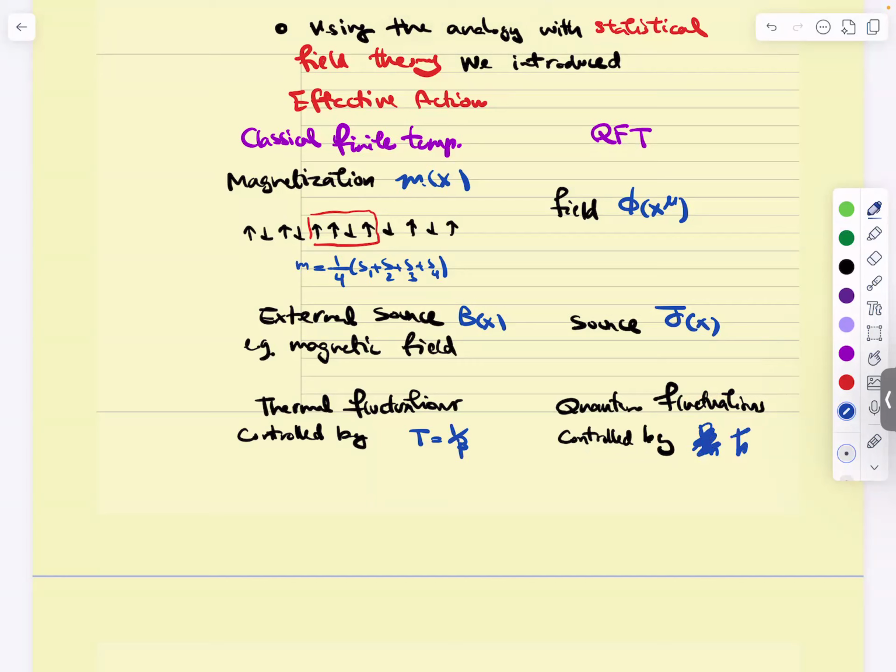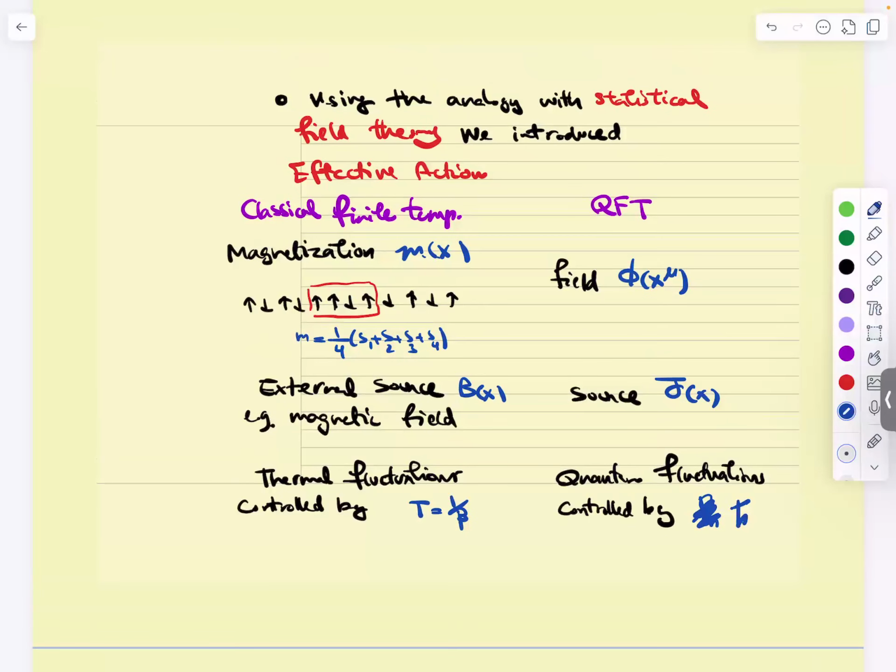Now, here's an interesting thought. Consider a quantum system at finite temperature. The system is quantum mechanical and at finite temperature, so it has a combination of thermal fluctuations and quantum fluctuations. But if the temperature is a lot larger, the thermal fluctuations dominate, basically completely flood your analysis, and you don't need to worry about quantum mechanics. You start seeing quantum fluctuations as you turn down the temperature, to very, very low temperature.